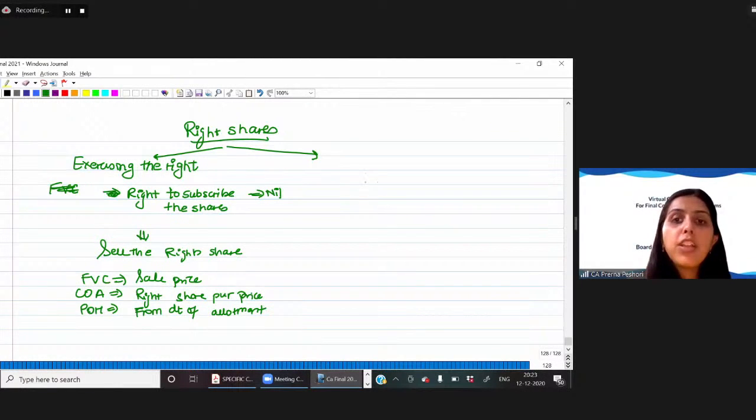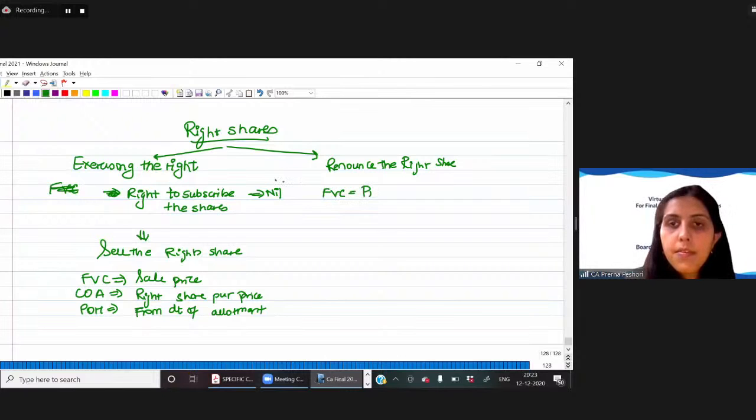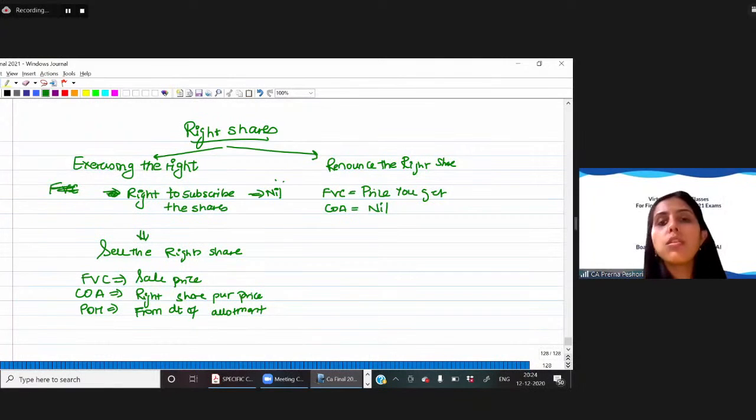Clear? And when you renounce the rights share, then the price you get will be your full value of consideration. Cost of acquisition is nil. So the right to renounce is considered as nil.